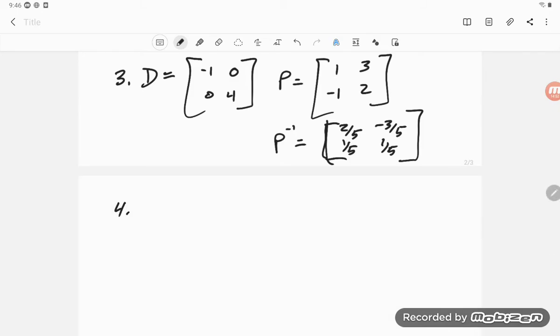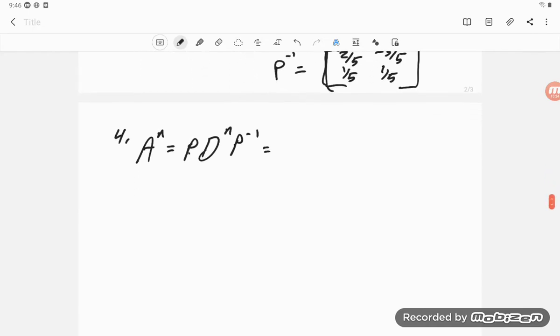So now I go on to step 4. And so A to the n is equal to P D to the n P inverse, which is equal to, I believe, according to Sage, I think I need more room, so I'll put it here.